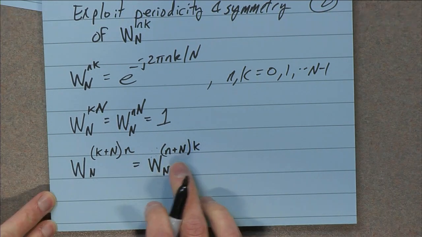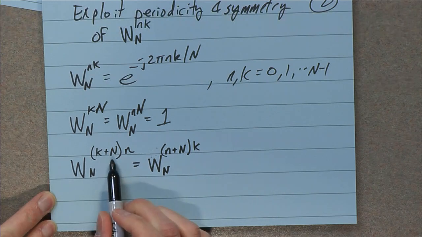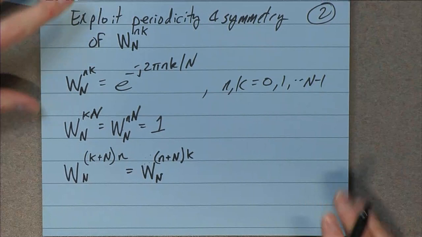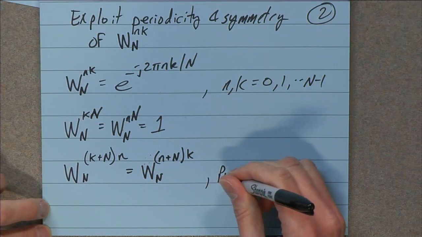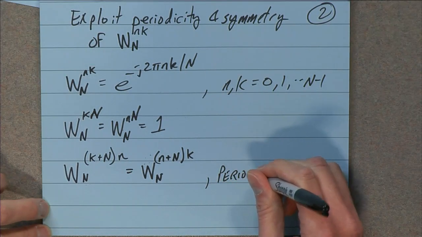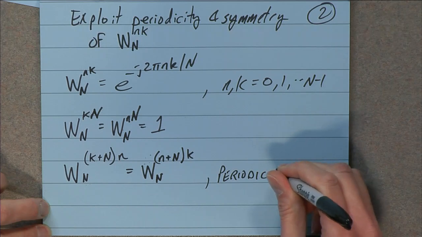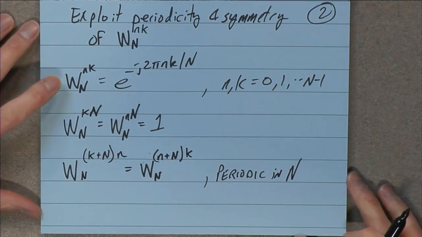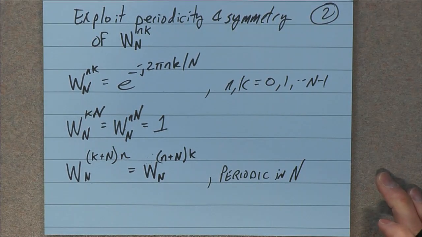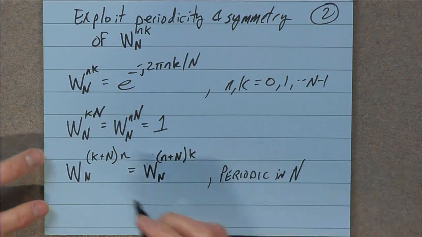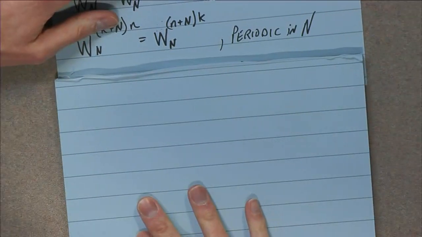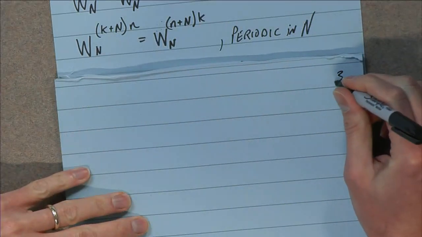So it doesn't matter whether k is plus capital N or n is plus capital N. Why is that? Because we're exploiting the periodicity in n. So it's periodic in capital N. That also means that we can subtract N as well as add N and not make much change to it.